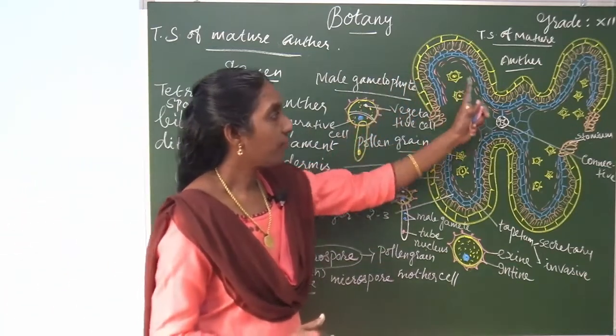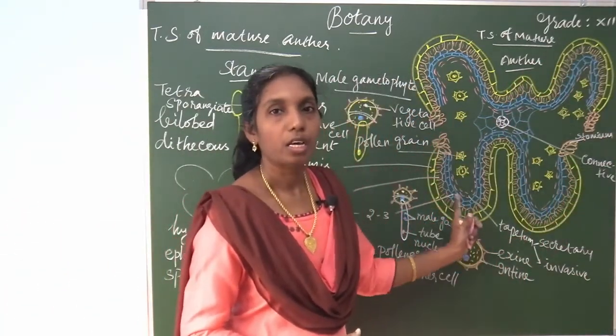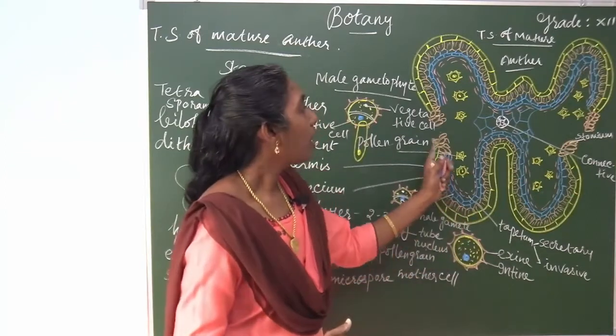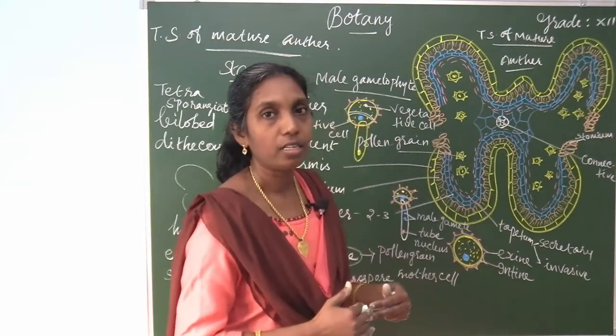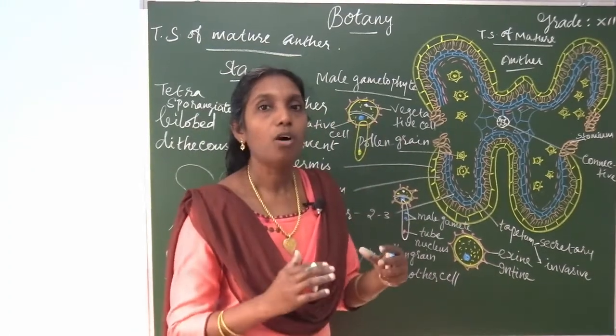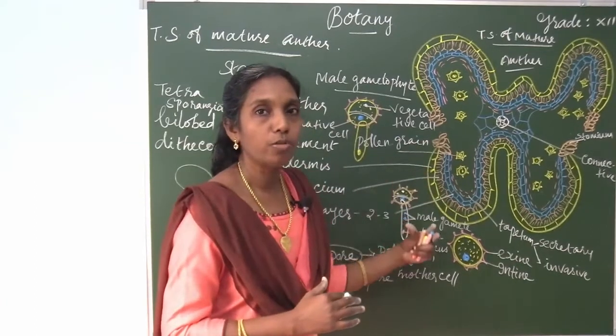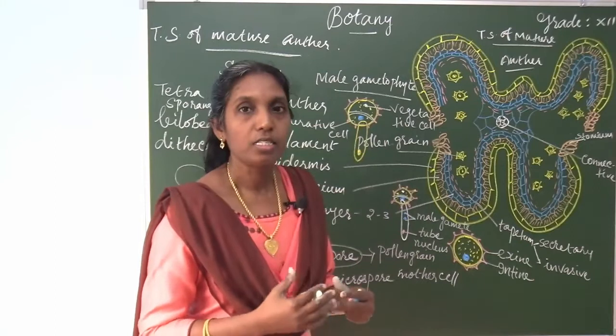The structure and function, and this diagram, are very important. Draw this diagram in your class note, and learn the functions and structure of each layer. Then the male gametophyte: how the pollen tube develops and how the male gametophyte is formed.